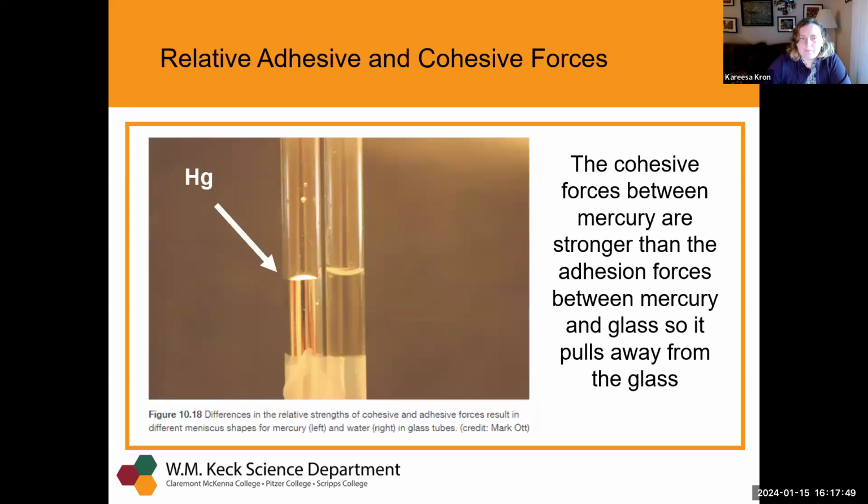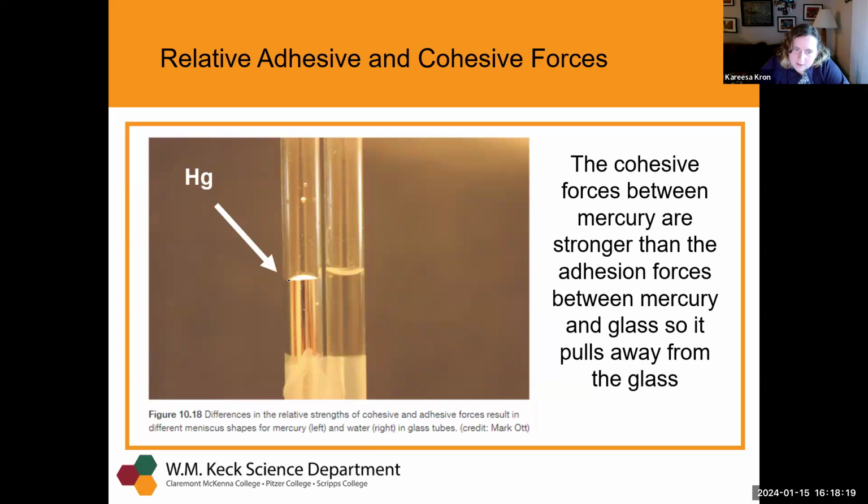So for example, one of the experiments that we'd like to look at in this case is the relative difference in adhesive and cohesive forces for mercury versus water. And so in our left beaker here, we have mercury in the beaker, and the cohesive forces of mercury are higher, or stronger, than the adhesive forces between mercury and glass.